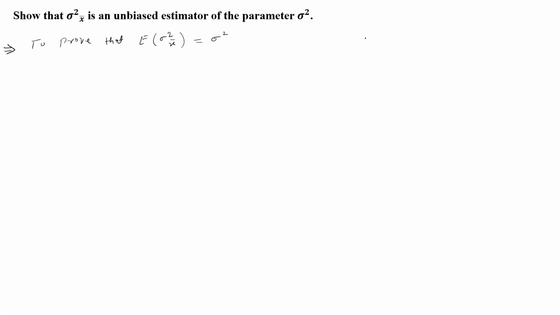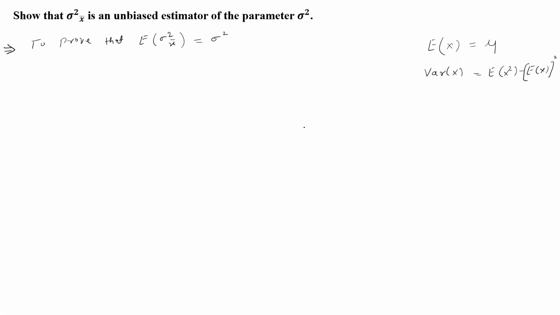Before I go ahead, let us recall a few things which we have done earlier in the chapter on expectation. We know that the expectation of x is equal to the mean. We also know that the variance of x is equal to E of x square minus the expectation of x whole square.